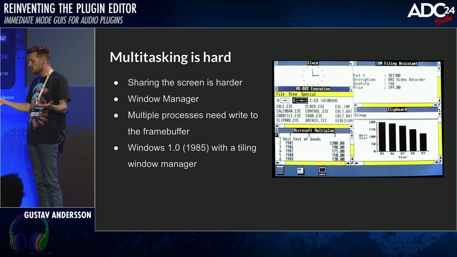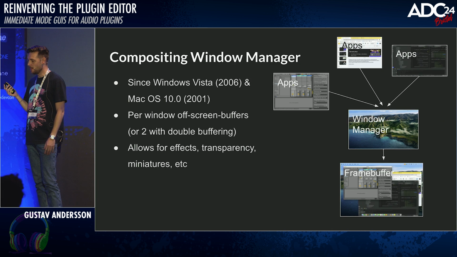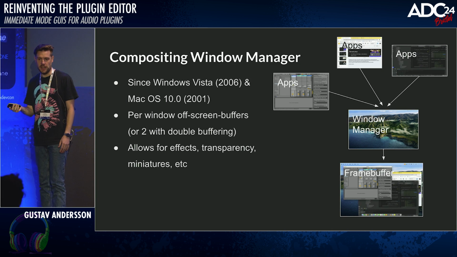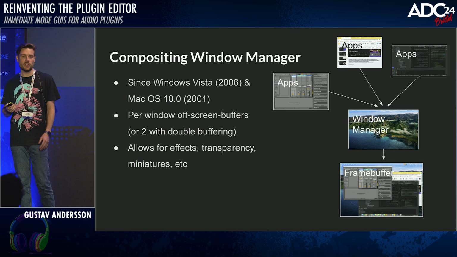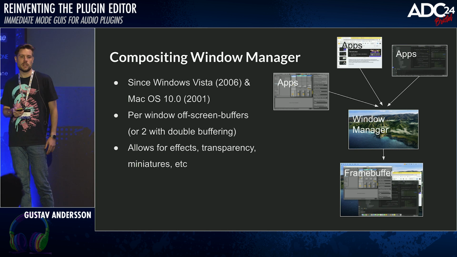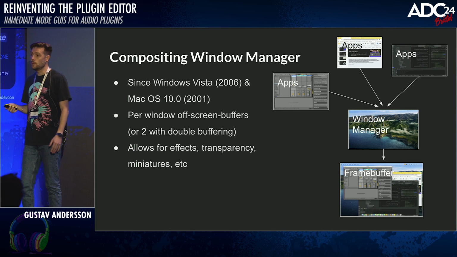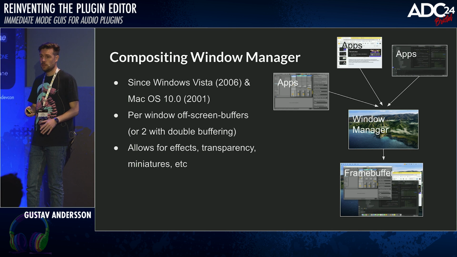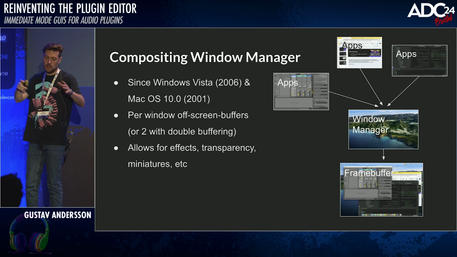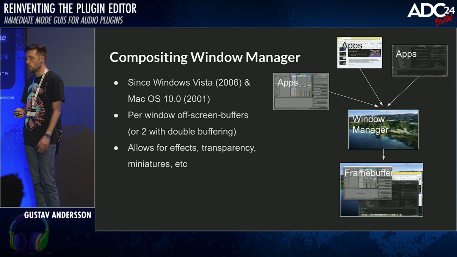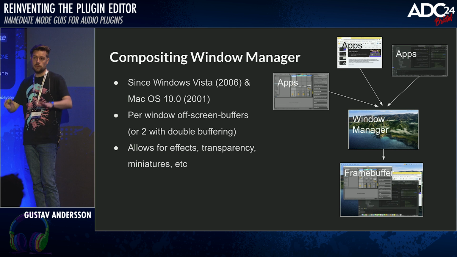So the history of window managers is long and fascinating, but we will just skip to what the situation is today, which is that basically every platform that you will write plugins for today has what is known as a compositing window manager, where every window has its own buffer. So every application will draw into that window's buffer, and then the window manager will take all these buffers and sort of composite what goes on the desktop.